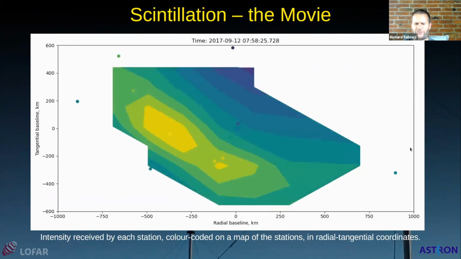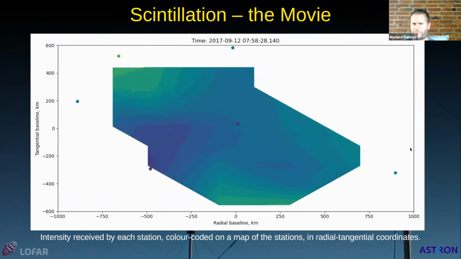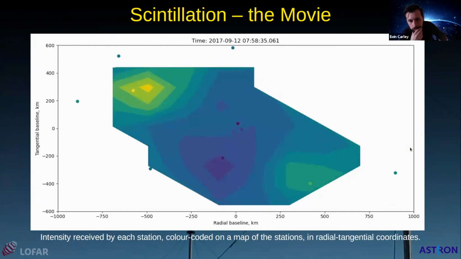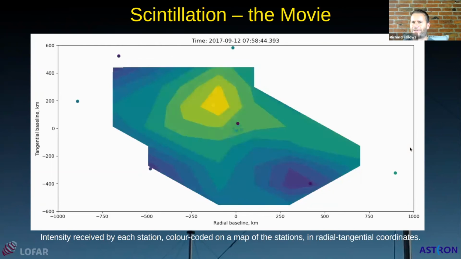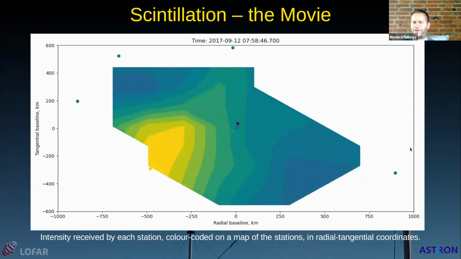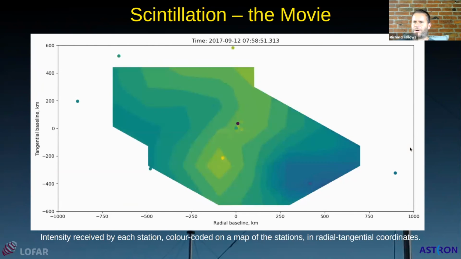But the HBA stations are all oriented differently to one another, which means that the grating lobes point in different directions, depending on different stations. And so, whereas for one station we might be able to say, okay, 150 to 170 megahertz, we're good, we can use that part of the band, in another station that might be covering very well, being obscured by the solar radio burst, and a different part of the band is relatively clear of it. So yeah, it does cause a bit of a problem.